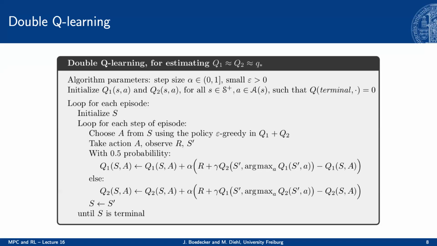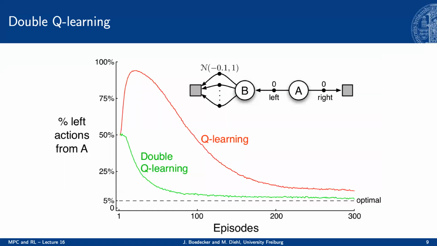In that sense, they will be decorrelated. It will not be the exact same updates and exact same initial values that lead to the noise in these values. And by doing that, you decorrelate the noise, and then you have this problem much less. So for these kinds of problems, you can have a much quicker convergence.